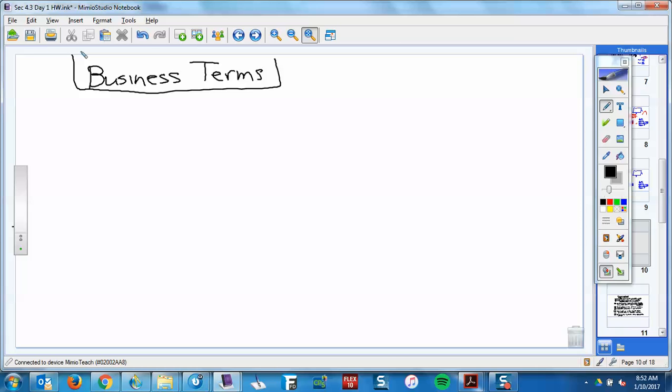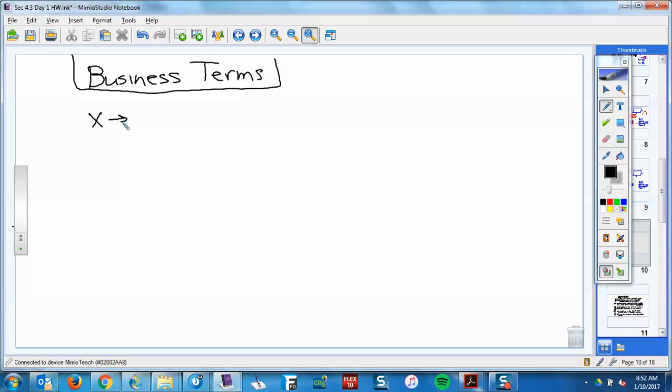If you turn to page 216 in the packet, all right, so some business terms we want to do.